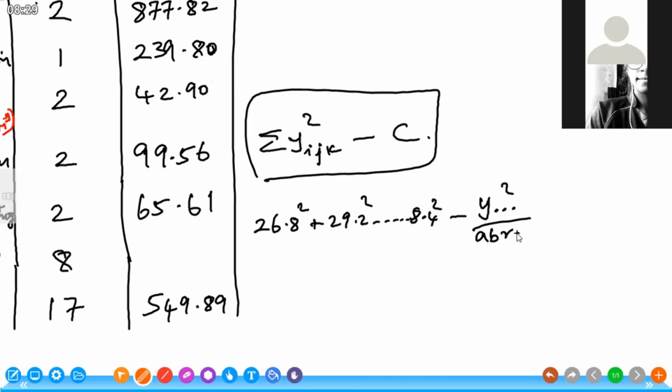So what is the value that you are getting? 1,321.229. 1,300, right? So we will have to cross check the values. I'm also not sure. Can you all calculate once again and see?